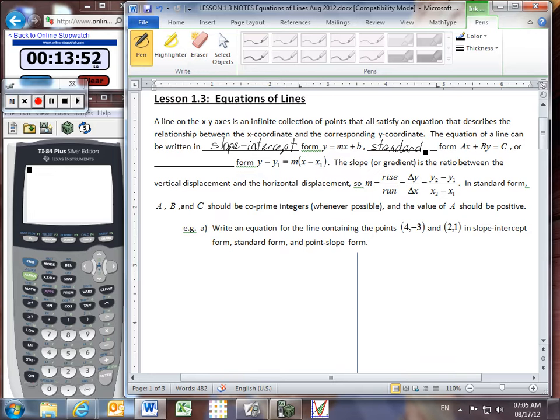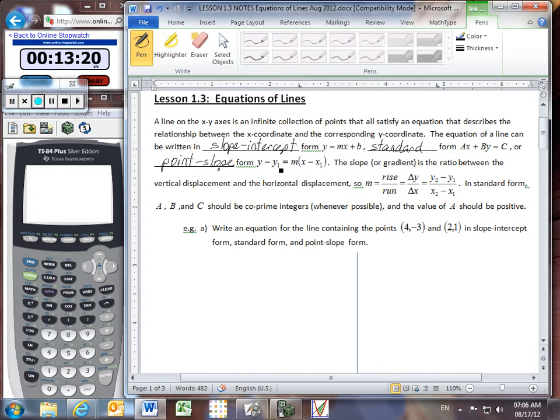And lastly, we've got point-slope form. Again, we can see the slope, the m, and a particular point on the line, x1, y1. Some students ask, what about this x and this y? This x and this y represent the coordinates of any other point on the line. The x1 and y1 is a particular known point on the line.